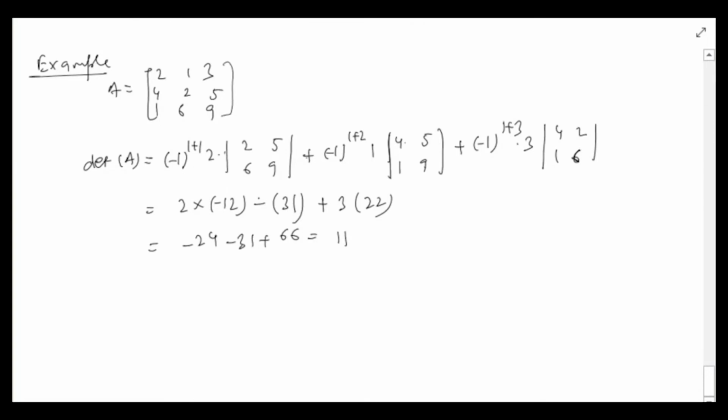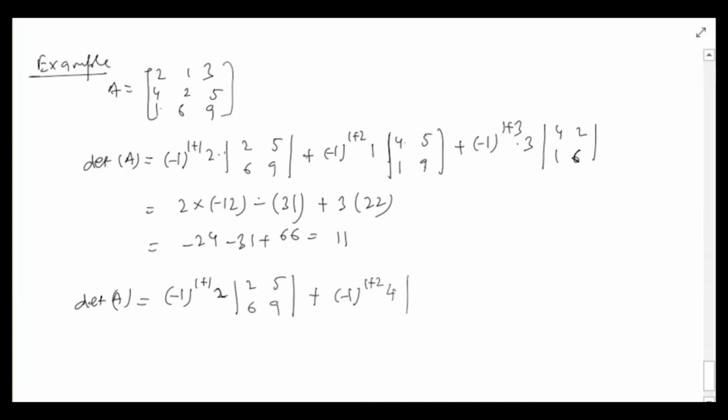Instead, I could have expanded along the first column. Then determinant of A would be computed as minus 1 raised to 1 plus 1, 2, 2 5, 6 9. Then it will be minus 1 raised to 1 plus 2, 4 times.